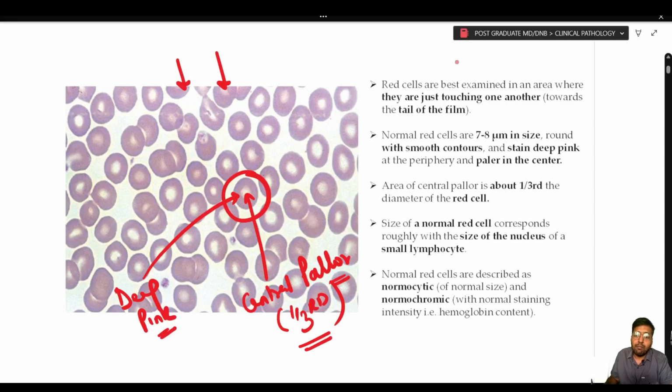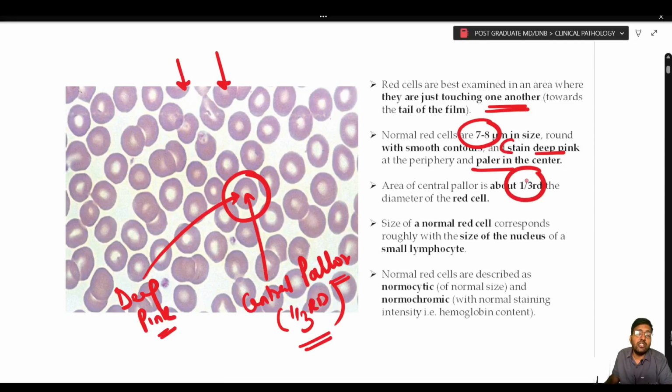Red cells are best examined in an area where they are just touching one another towards the tail of the film. The normal red cells are 7 to 8 micrometer in size. They are round with smooth contours, as we can appreciate over here, and they stain deep pink at the periphery and paler in the center. The area of central pallor is about 1/3 the diameter of the red cell.